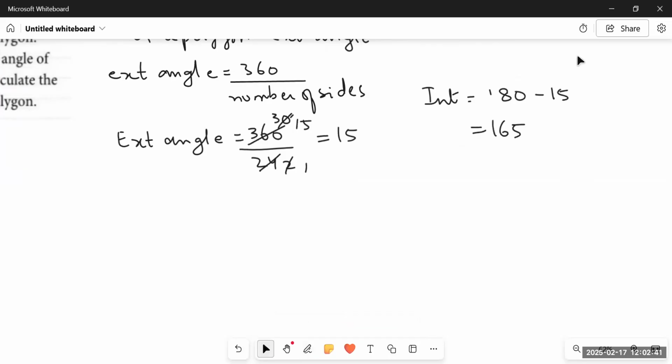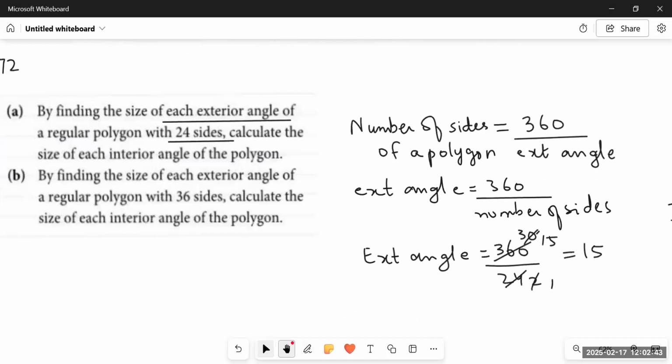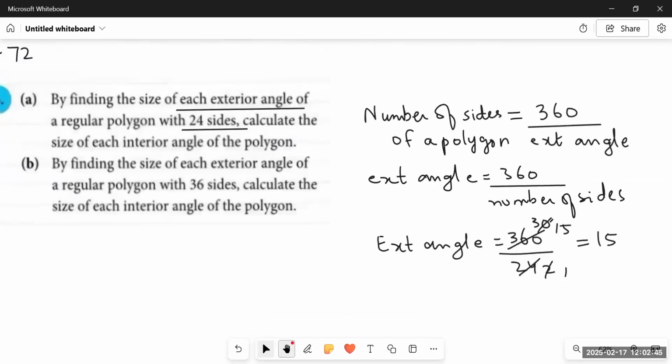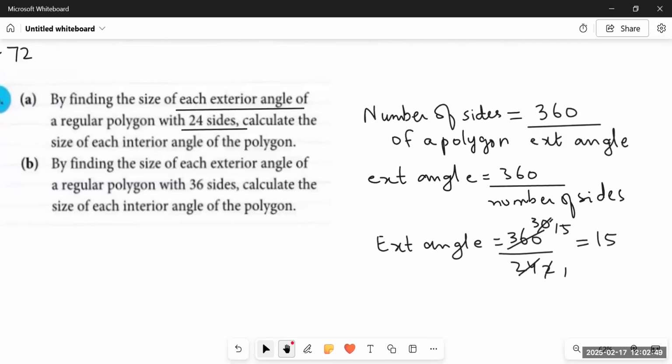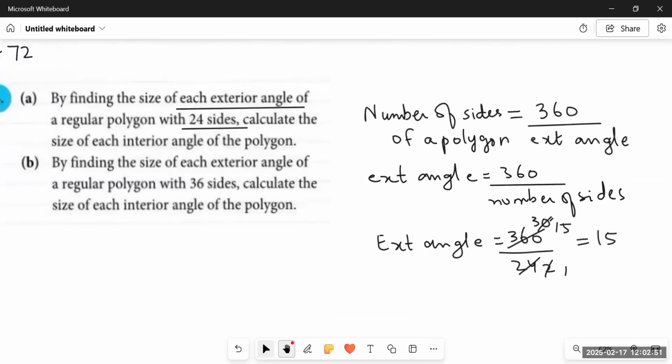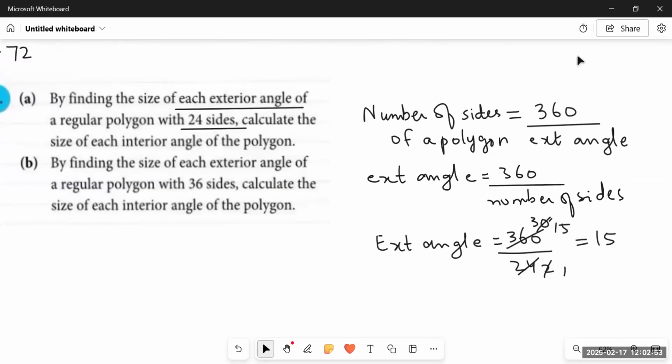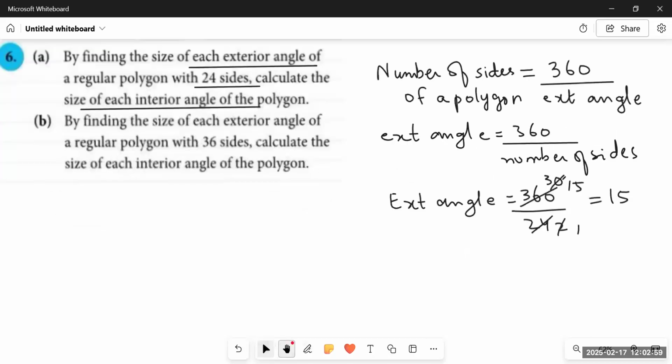You see? So what we did, we simply divided 360 by the given number of sides to find out the size of the exterior angle. And after finding the size of the exterior angle, we calculated the size of the interior angle. Right? So again, there are two steps involved, just like question number 5.